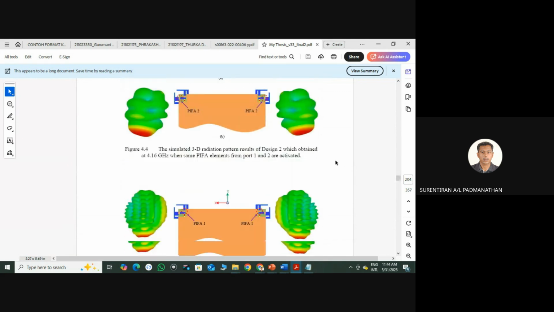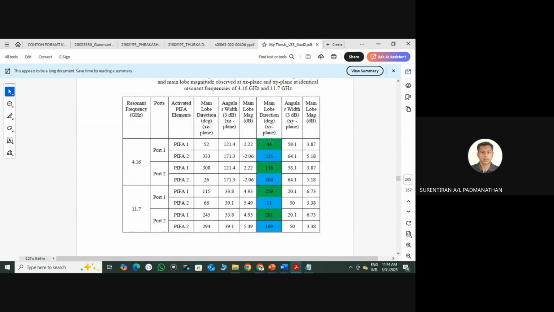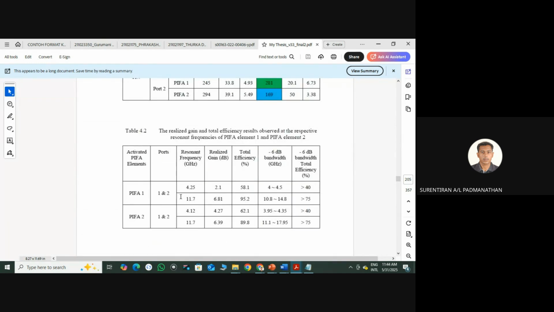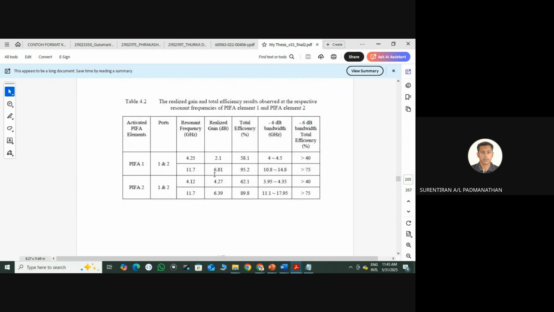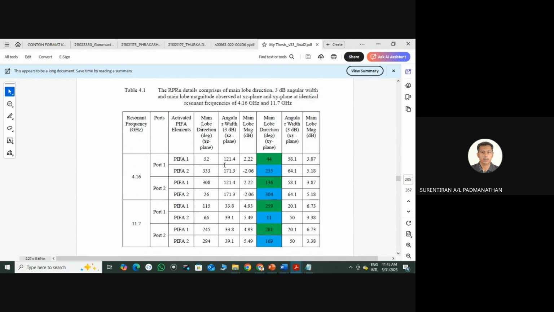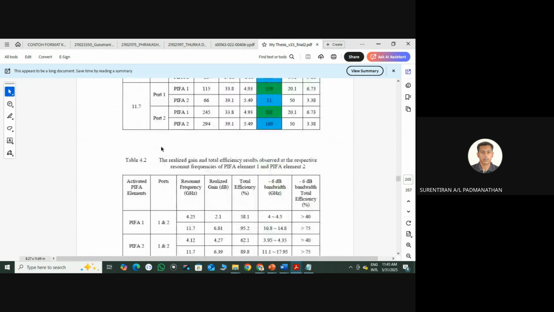So for these results, what I did was put it into a table so that I identify the values: what are the resonant frequency, the realized gain, total efficiency, all these things. It'll be easy for the readers, the reviewers or panels, to understand the values, because they don't have to look into these graphs.